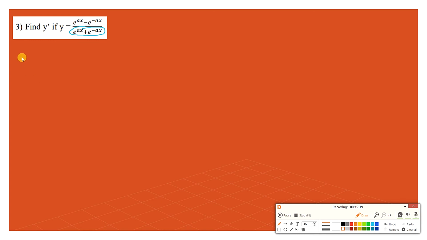Okay, so, y prime is equals, so medyo mahaba lang ito ha. Copy v, the denominator, times yung derivative nitong numerator.